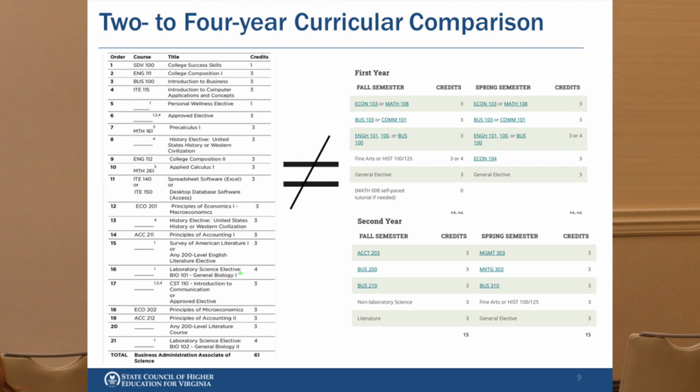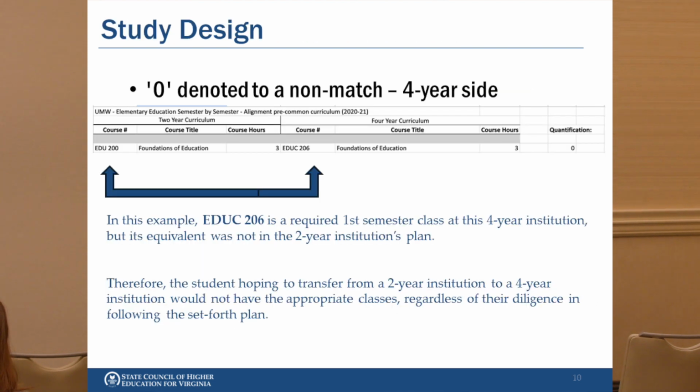Then we created this study, and I'm going to go through our methodology for how we created these numbers. We denoted a 0 to a non-match on the 4-year side. For this situation, this Foundations of Education course taken at the community college system does not transfer to this Foundations of Education course for the 4-year side. So we've denoted it a 0.